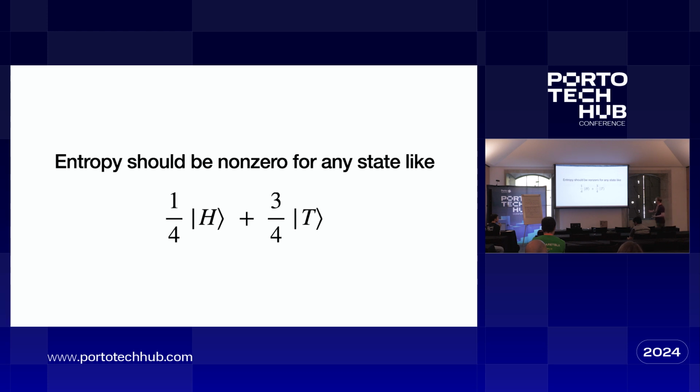What about a state like this? Well, that should be non-zero when we perform that, even though it's an unfair coin, right? It's more often tails, it's more likely to be tails. When we perform this experiment and we get a heads or we get a tails, we get some information, okay? So this state has a non-zero entropy. Do you think this state has more or less entropy than the one we were working with before of half heads plus half tails?